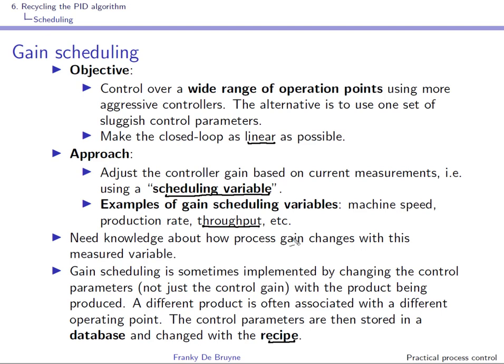So if you put in the recipe different controller parameters according to the type of paper that you're producing, you're actually adapting the controller parameters to the operational point, right? To the actual speed associated to that type of paper grade.